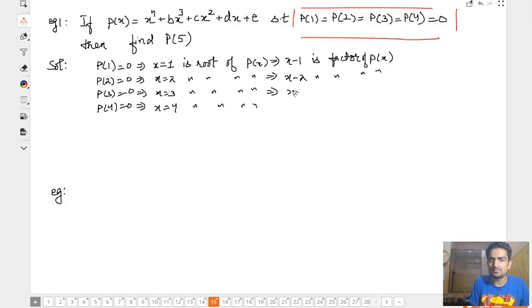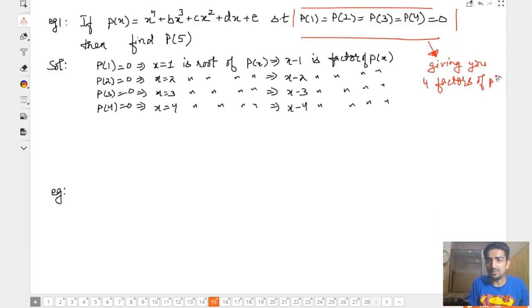This tells me x minus 3 is a factor of P(x). And this tells me x minus 4 is a factor of P(x). So if you understand, this statement is primarily giving you 4 factors, provided you understand factor theorem.